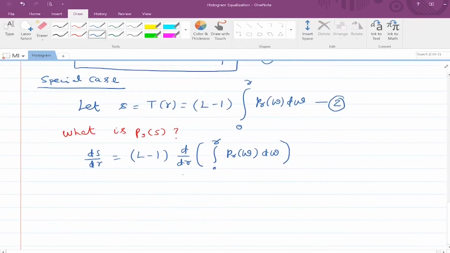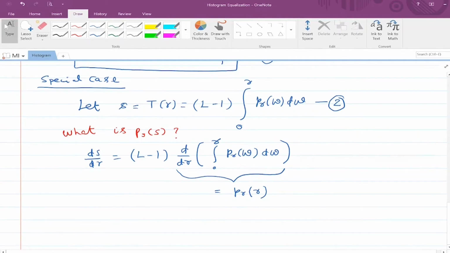And again, a basic fundamental result in calculus: if you are integrating with respect to r, the integration is from 0 to this r, and then with a dummy variable omega, this would be equivalent to PR of r. So this derivative and integration in a way cancel out intuitively, and eventually this would be equivalent to its value computed at r.